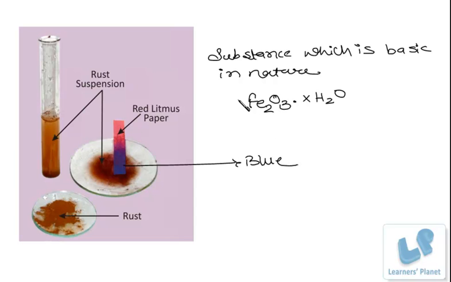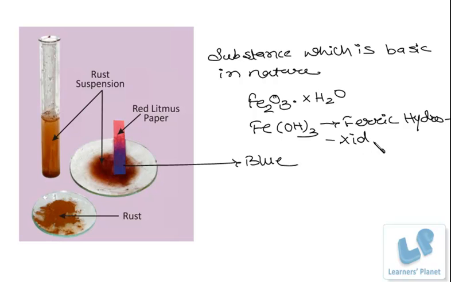When this rust is dissolved in water, it forms a rust suspension. The compound formed here is ferric hydroxide, right? This ferric oxide reacts with water, forming ferric hydroxide. And this ferric hydroxide is basic in nature.